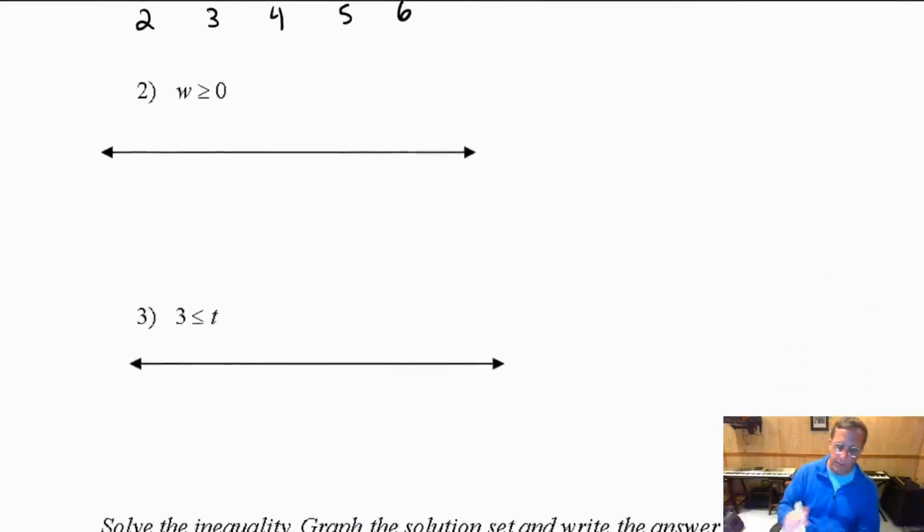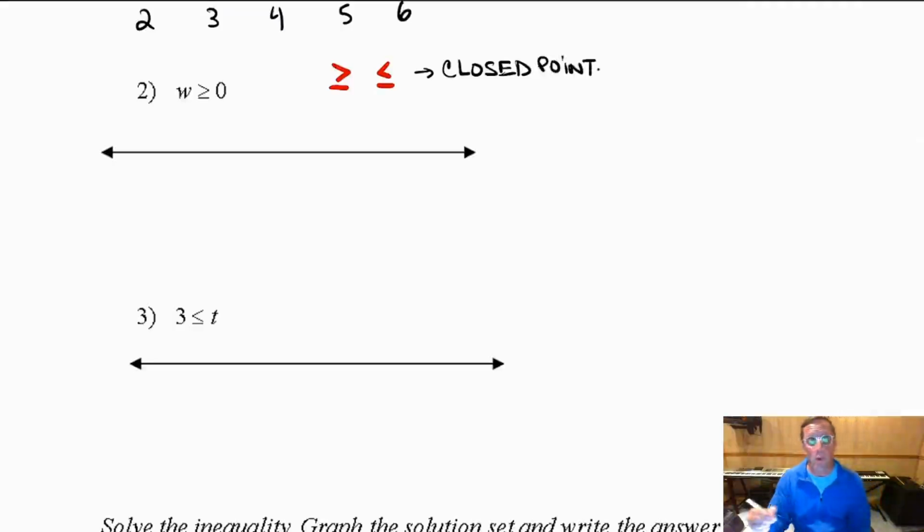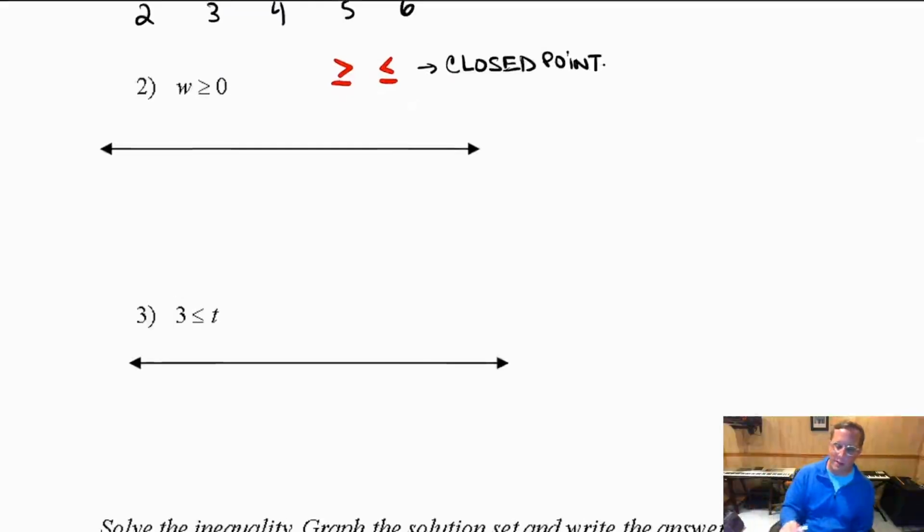For number 2, we've got w is greater than or equal to 0. When it comes to greater than or equal to or less than or equal to, that is going to be a closed point, representing that that point is also one of the values of w or x or t or whatever the letter is.